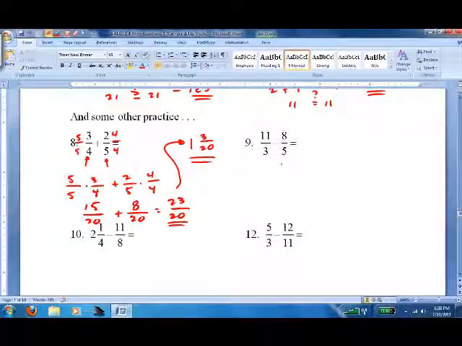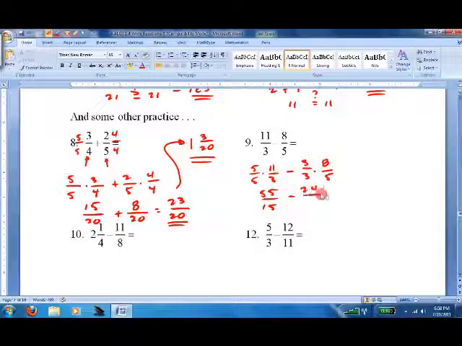Same thing here. I have a 5 here, so let's multiply this side by 5 over 5. We got a 3 here, so let's multiply this side by 3 over 3. 55 over 15 minus 24 over 15. For those who don't remember, when you're adding or subtracting fractions, you have to have a common denominator.